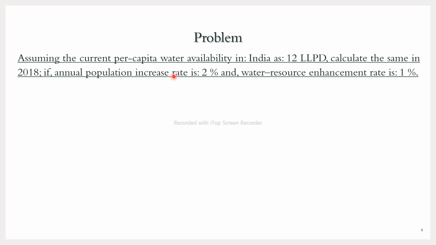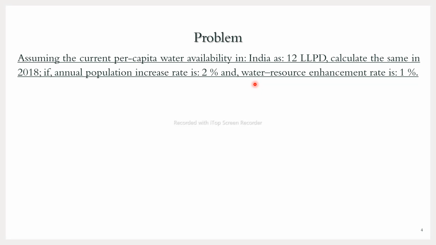If the annual population increase rate is 2% and the water resource enhancement rate is 1%, how can the water resource be enhanced? As the population increases, the water demand also increases.